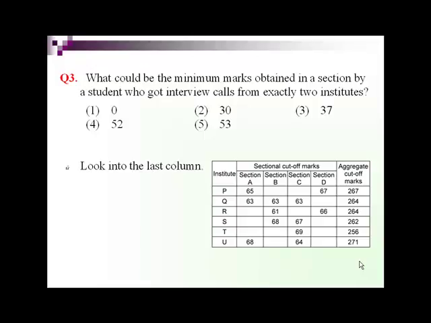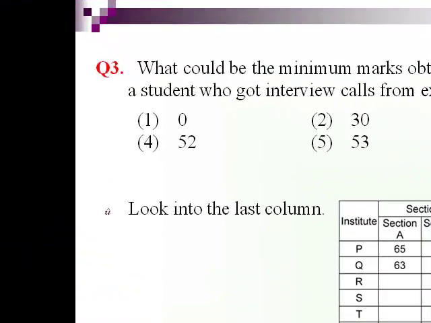If you get 256, only one college, that is college T, will send him the interview letter. From 256 to 261, only one college, that is T, will send an interview letter for him. To get 2 colleges to send an interview letter, he must get at least aggregate marks of 262.